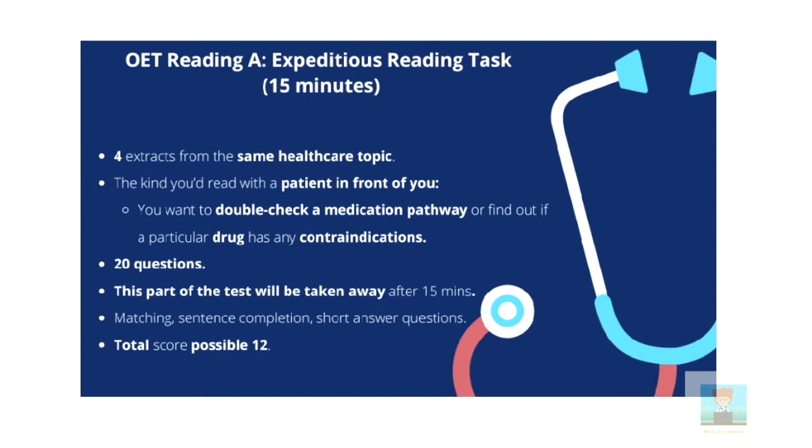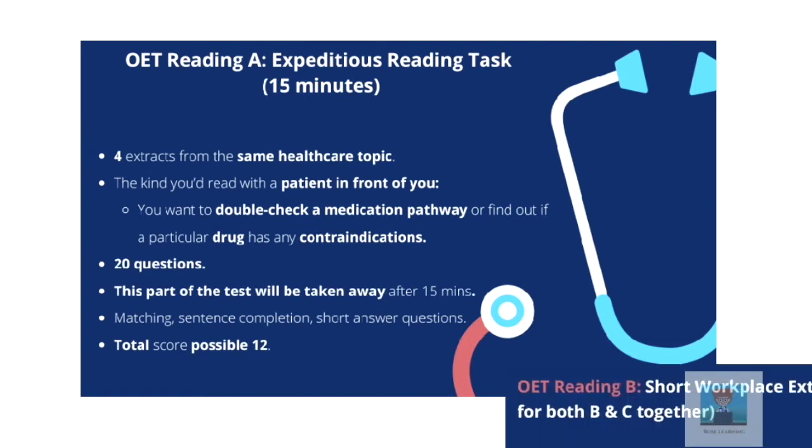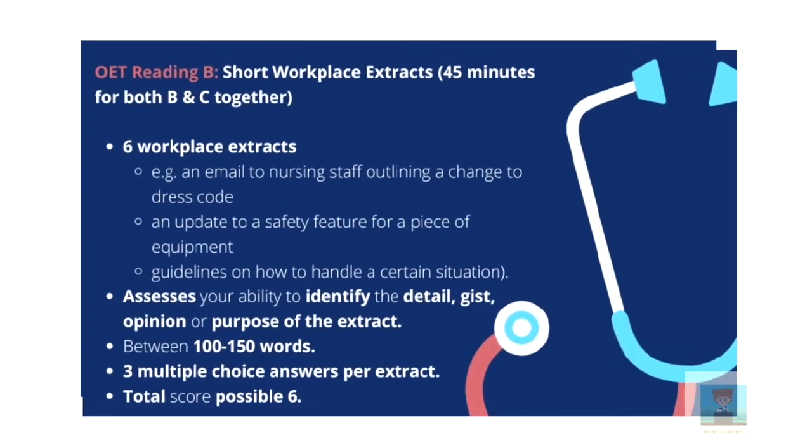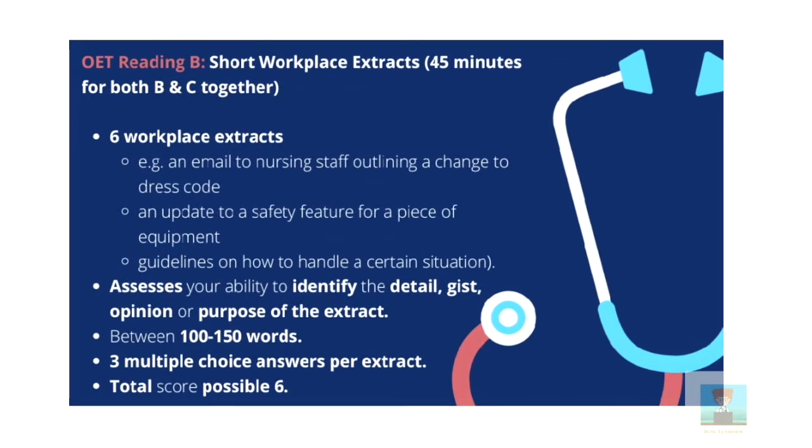Reading Part B are short workplace extracts, and Part B and Part C are combined together time-wise, and you get 45 minutes for both. In Part B, you'll be given 6 workplace extracts, for example, an email to nursing staff outlining a change to dress code, an update to a safety feature for a piece of equipment, or guidelines on how to handle a certain situation.